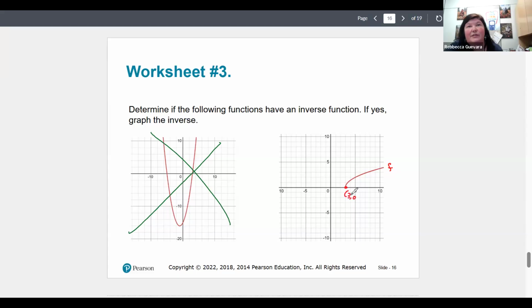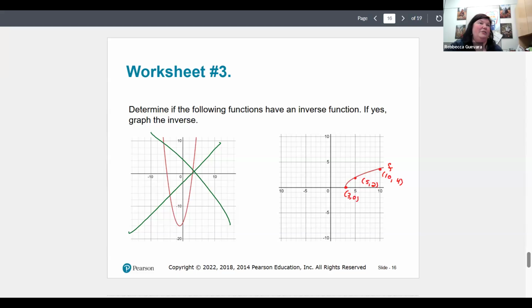So 3, 0. And then we have this point here. Well, that one's at 5, 1, 2. So a couple points will help us. This one is at 10, and that's approximately 4. We'll just get as close as we can to it.